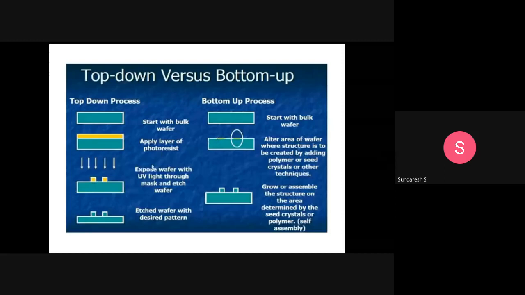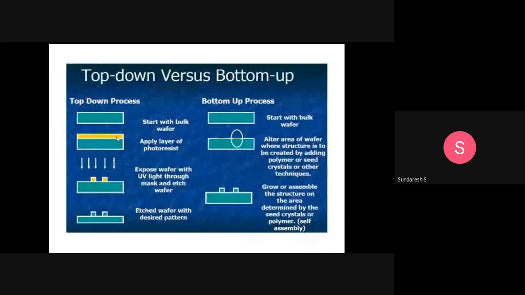And in the third stage, expose the wafer with ultraviolet light through a mask and etch the wafer. Okay, whereas here, grow or assemble the structure on the area. Etched wafer with the desired pattern. So this we are getting by using etching. Etching is one physical processing method which we discussed for top-down approach. This is called the etching process.